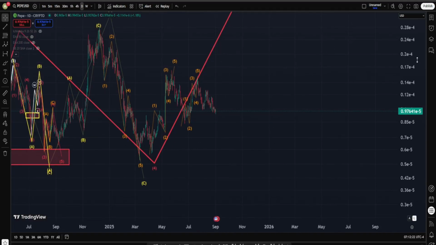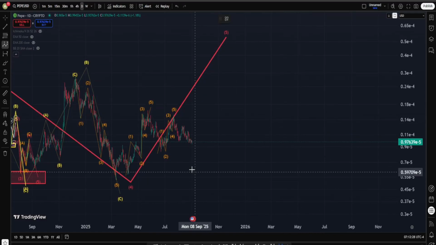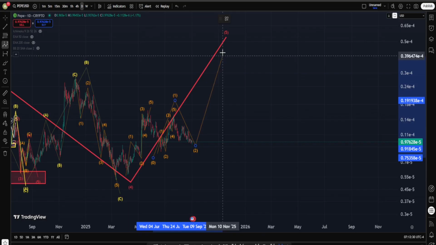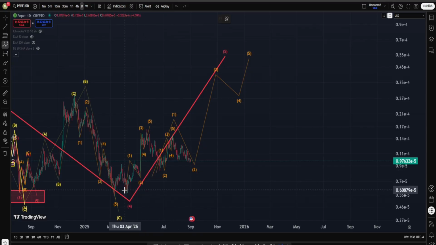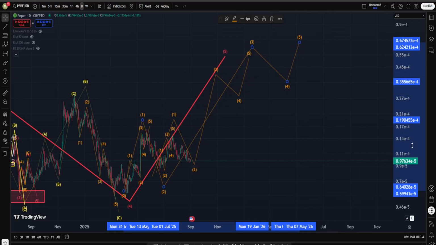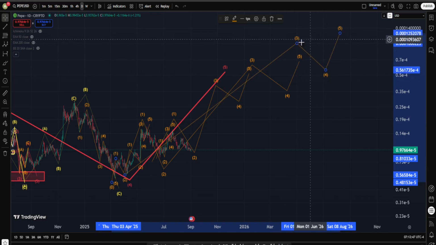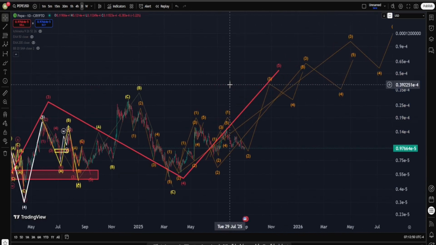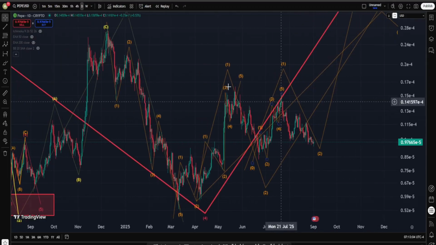So currently in PEPE, if you want to be really optimistic, I'm thinking about a 1-2 scenario, meaning this can be one correction for wave 2, and you have to see soon a strong move up into wave 3, 4, 5, which on a higher degree is going to be into this wave 3 correction for 4, another move up into wave 5, and even that one on a higher degree is going to be into wave 3 correction for 4, another move on the upside into wave 5. I think this is your best shot at finding some sort of an impulsive optimistic scenario if you really want to force a bullish scenario in here. But from my POV, it shouldn't really be your primary case, honestly.